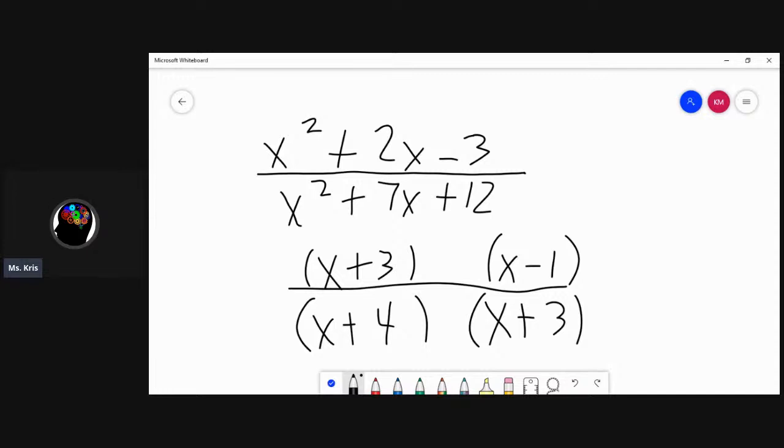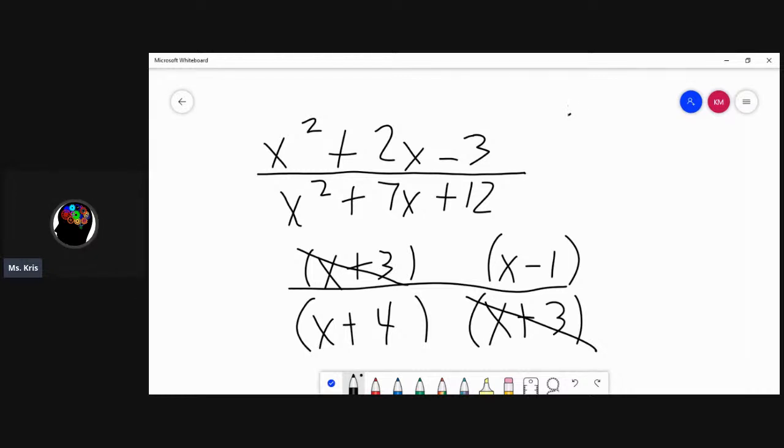So now that I have factored out my numerator and my denominator, I can eliminate or simplify by crossing out the top one to the bottom one if they are like terms, meaning if they are like binomials. So if I have an x plus 3 on top, I can cross it out if there's an x plus 3 on the bottom.